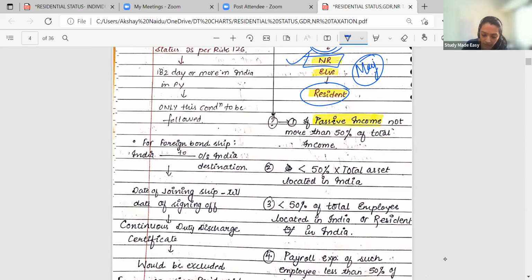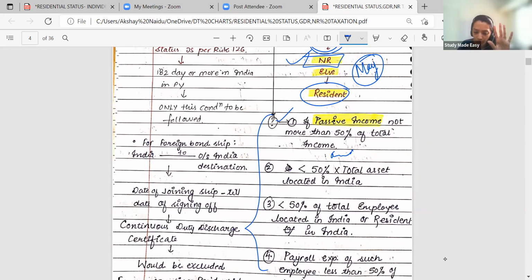If one of the conditions fails to be satisfied, in that case it is non-resident. That means all these conditions have to be satisfied. There are 2-3 questions based on this concept.